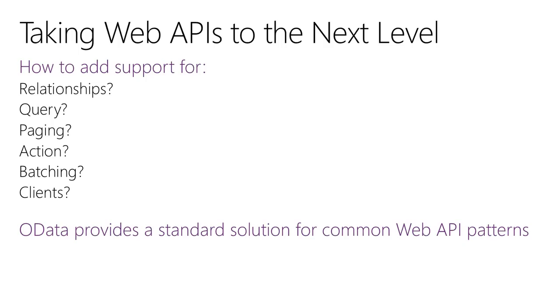So OData has been around for a long time, so I'm not going to go really too deep into OData. The thing about OData is it's great because it is a standardized way to do a lot of these things. But a lot of people these days go with REST, which is just a little bit cleaner, a little bit smaller, and doesn't seem to be as cumbersome as using OData.